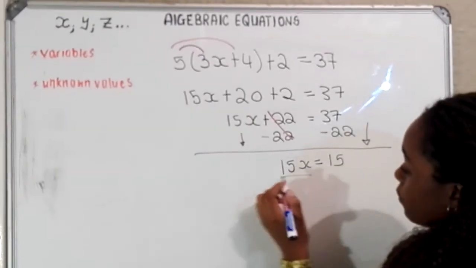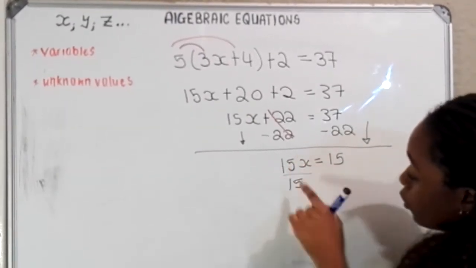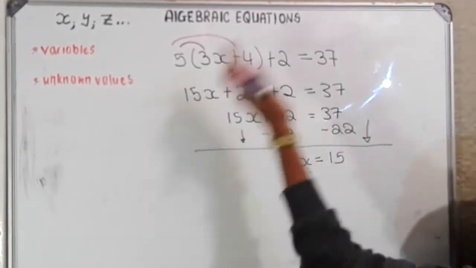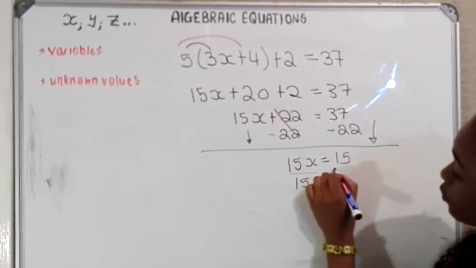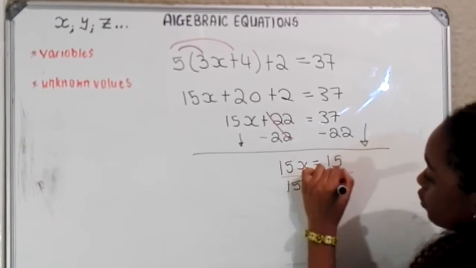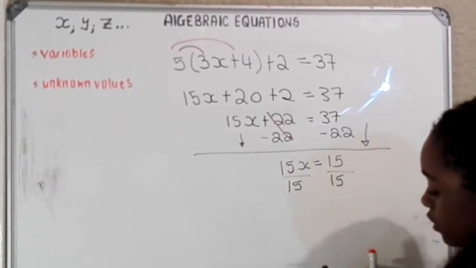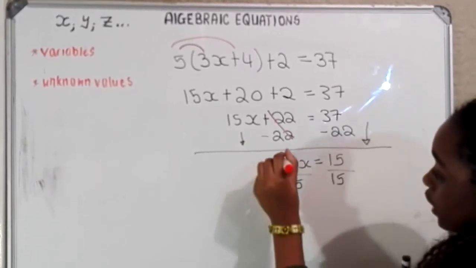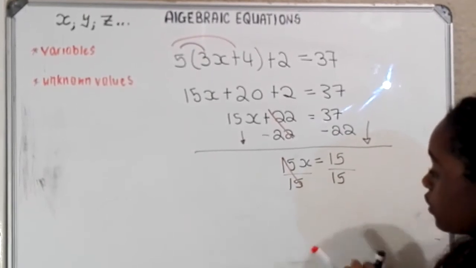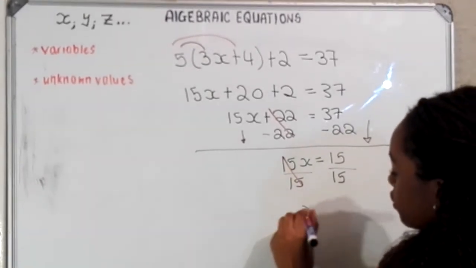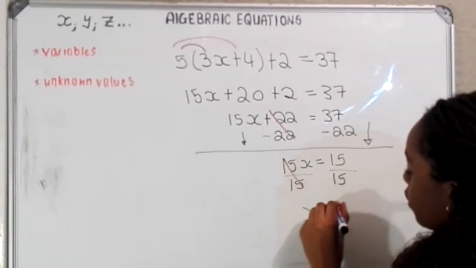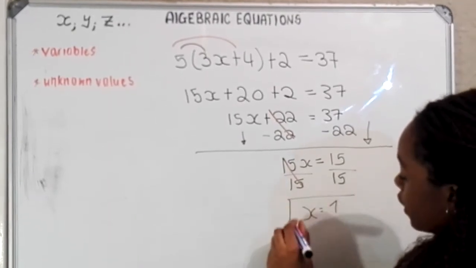So we'll divide by 15 on both sides. Whatever you do on this side, you must do on this side as well. So you must divide by 15, all right? 15 and 15 on this side will cancel. You're left with x is equal to 1. And this is our value of x.